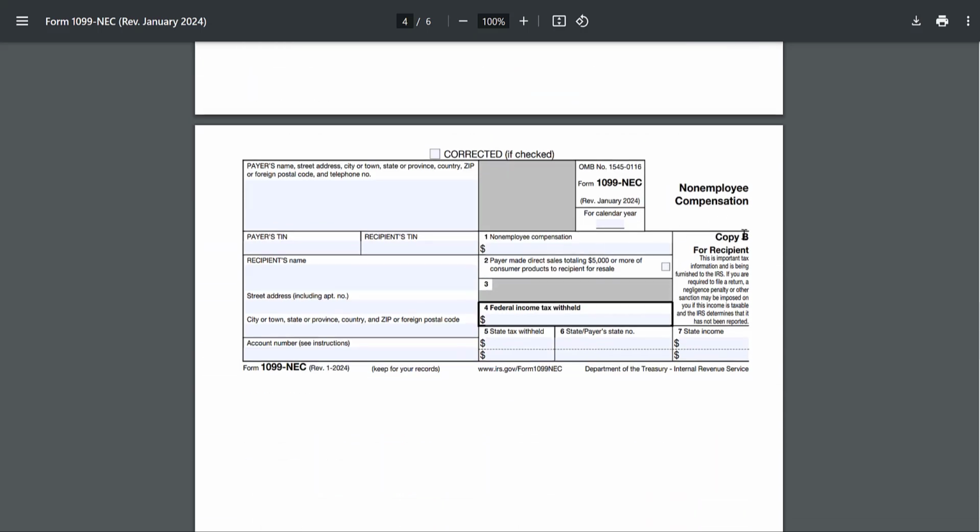This one right here, copy B, is for the recipient. So if I'm a business and I am gonna file 1099 NECs, one copy goes to the IRS, one potentially goes to the state where the recipient has worked and potentially lived. One is going to go to the actual recipient.